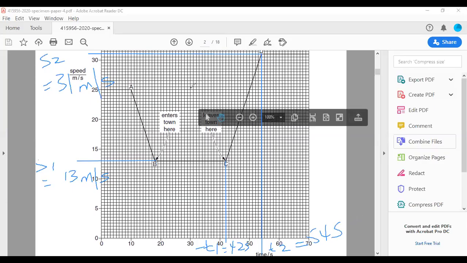So they ask us to calculate the acceleration. So we're going to calculate the acceleration from that now. How are we going to do that? We're going to clean this out here. Alright, so this is another graph. This is the same graph, I'm just drawing a simplified version.